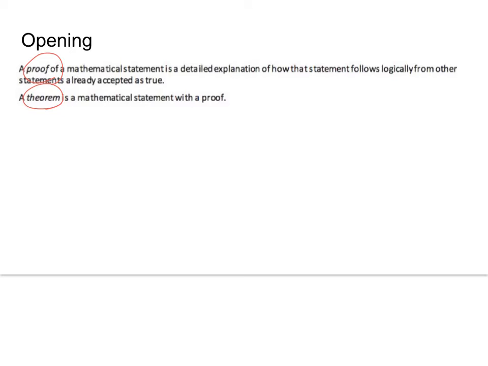We've been working through proofs, so a detailed explanation of how a statement follows logically from one statement to another, and most everything that is already accepted as true. So in the previous 2 lessons, we've done proofs, and we've made statements, and we've given explanations as to why, but everything we've used as far as statements, they're already accepted as true.